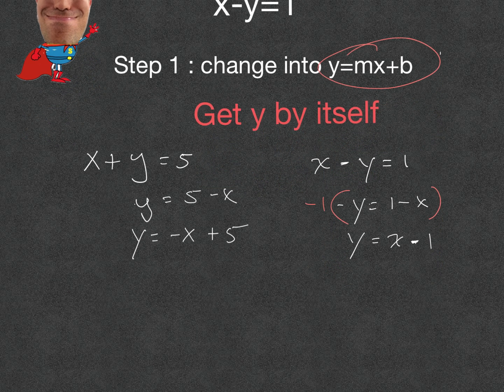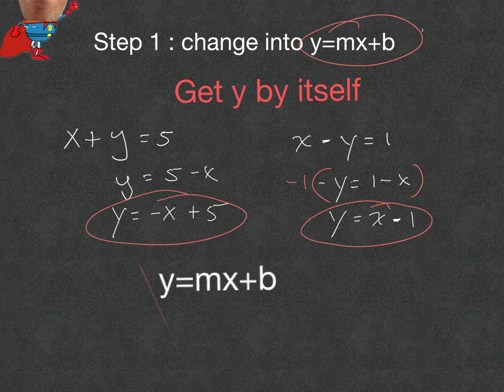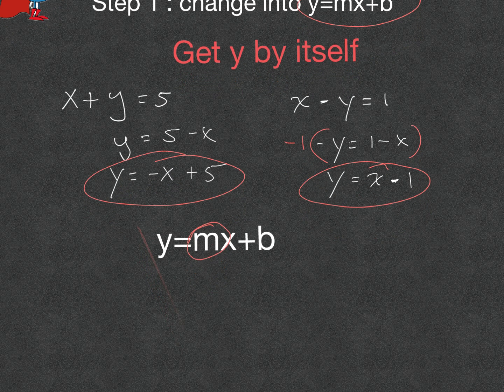Great. Now we have our two equations: y equal to negative x plus 5, and y equal to x minus 1. Are the coefficients of x different? Remember, the coefficient of x is m. What is m in the first equation? m is equal to negative 1, the number in front of x.